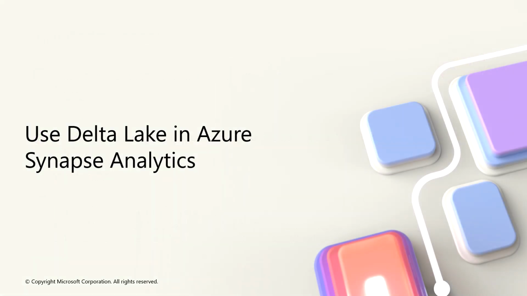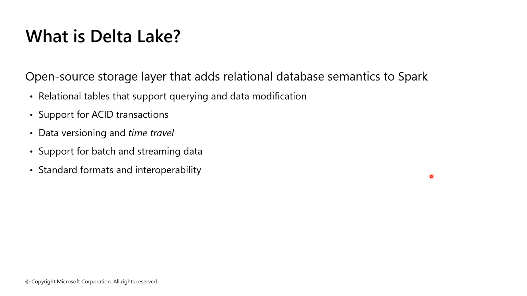Next topic comes from Delta Lake. There's a concept called Delta Lake inside Azure Synapse Analytics. Let's see what it is. Before deep diving into it, let's understand what Delta Lake is. Delta Lake is an open source storage layer that adds database features to Spark.